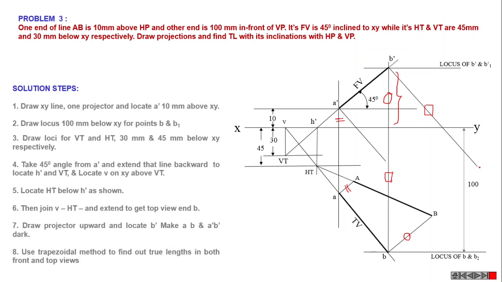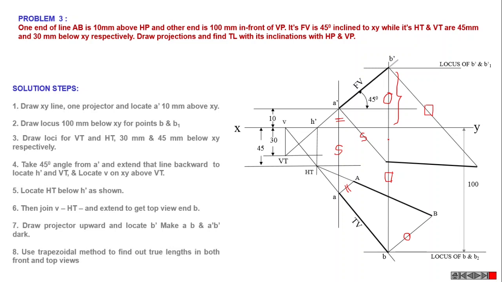Then we can locate that endpoint B. Similarly, this distance of A from the xy line, we can transfer in elevation. Then we can locate the endpoint capital A, and capital AB will become the true length in elevation.